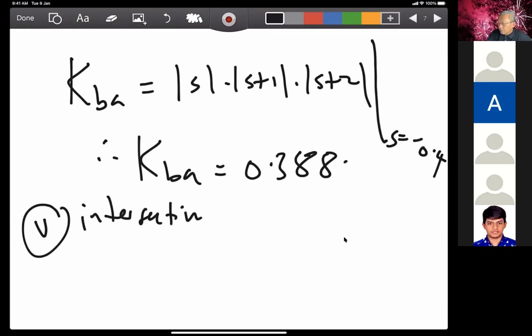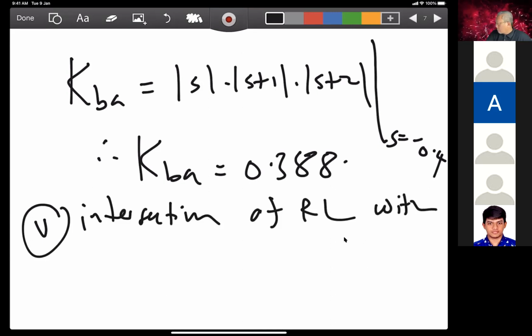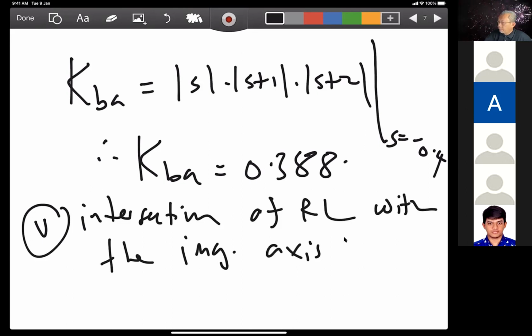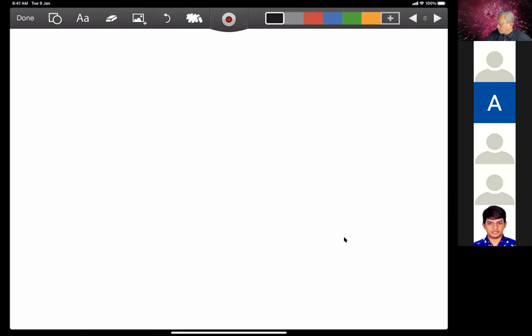Number 5. Intersections of the locus with the imaginary axis. Sardinan Sakib?